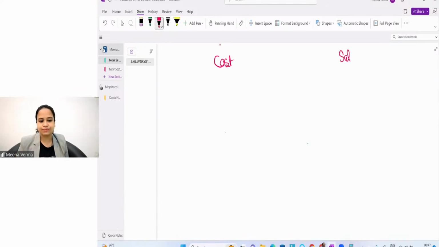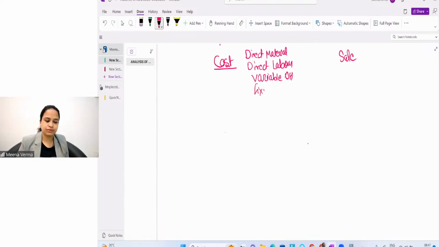The cost is further divided into direct material cost, direct labor cost, variable overheads, and fixed overhead. We will study the variation of all these things.